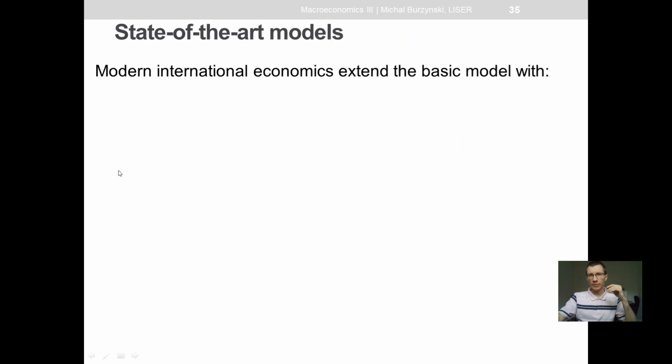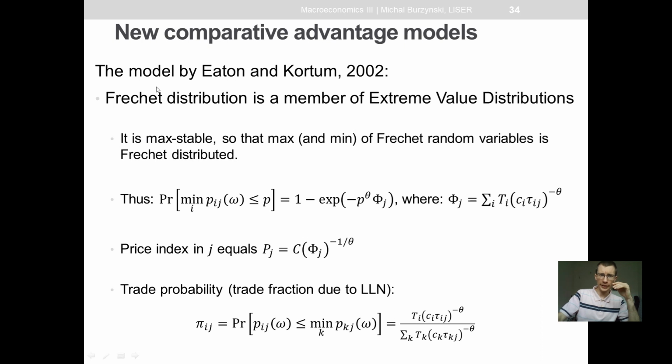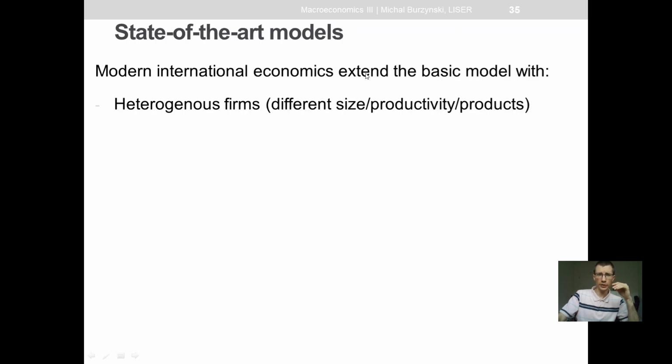All right. So to sum up this whole lecture, the state-of-the-art models, including those new comparative advantage models, also add some other features of the modeling device, like heterogeneous firms, so firms of different size, different productivity, different types of products.